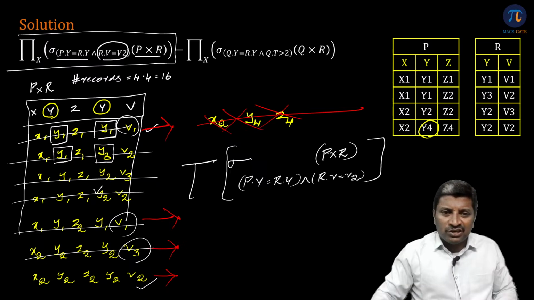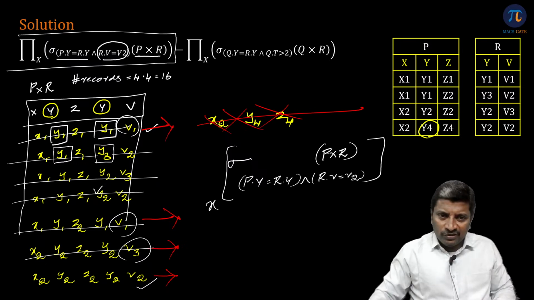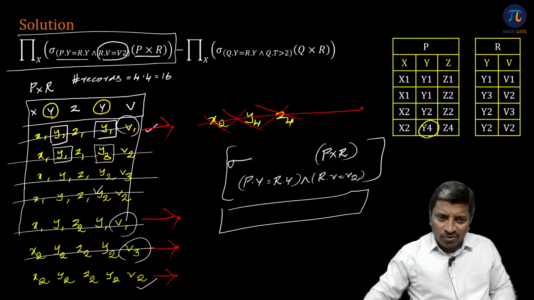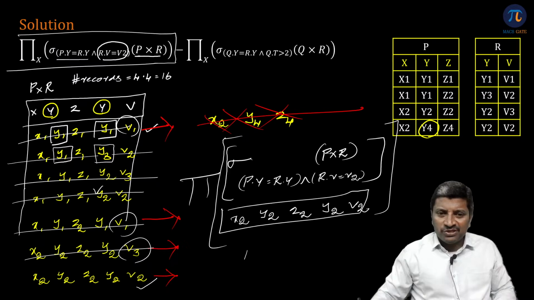From this, they selected only X. Suppose we not done any projection, sir. What is the one and only record you will get? X2, Y2, Z2, Y2, V2. From this, you need only the X column. What is the X column, sir?